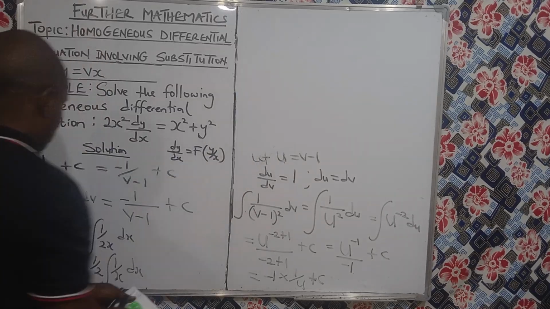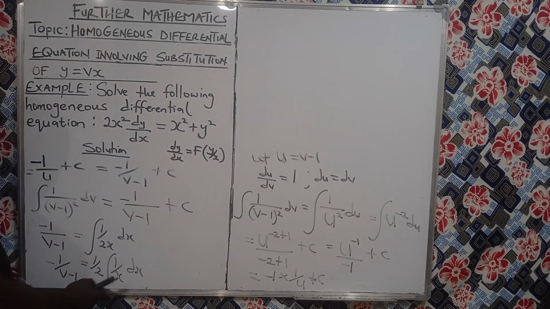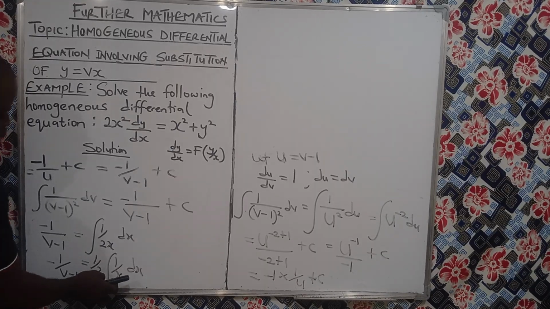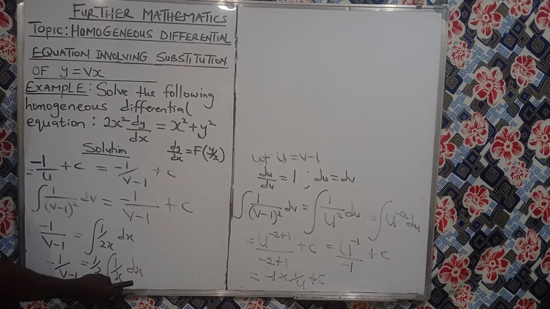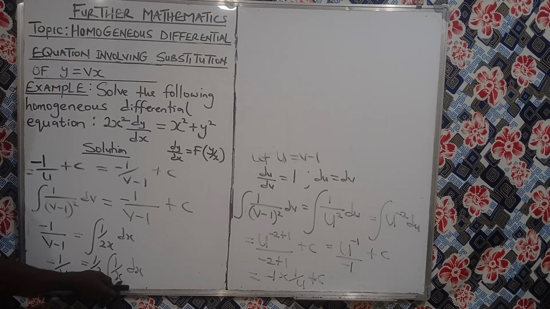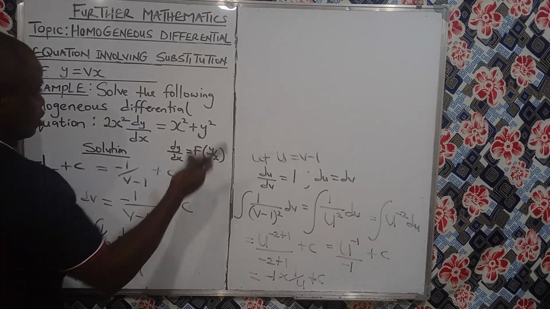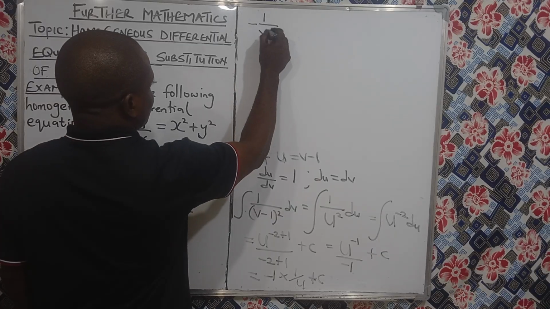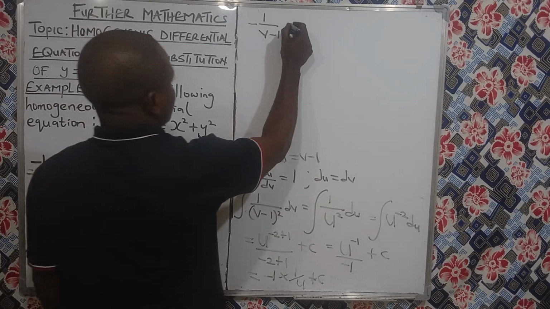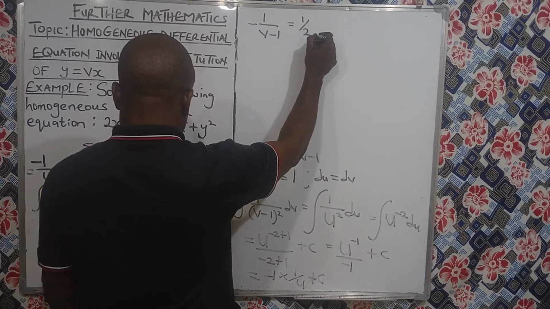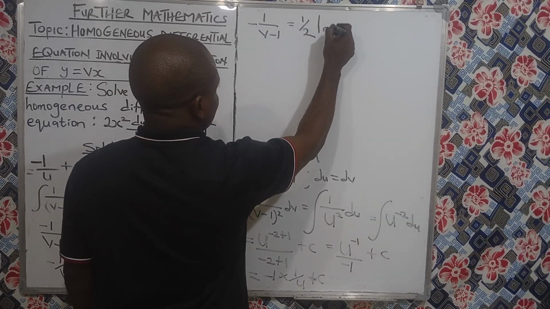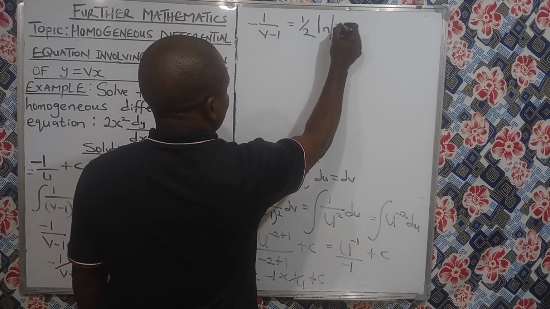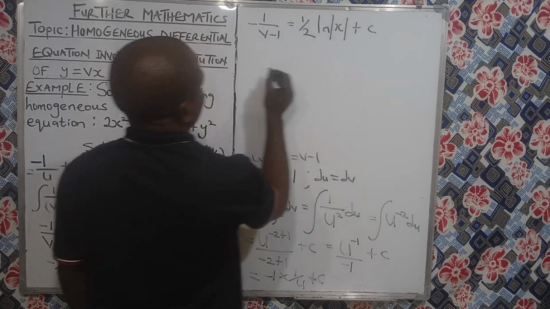At this point, the integral of 1 over x equals ln x. Don't forget, when you differentiate ln x, we have 1 over x. Now we have minus 1 over v minus 1 equals half ln x plus c.